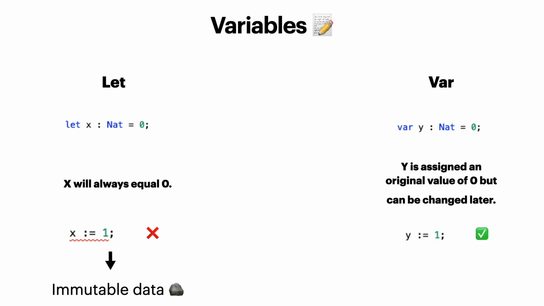So y can be reassigned to 1, for example. You need to be careful because you cannot reassign y to something that is not a nat. For example, if you try to reassign a string to y, it wouldn't work because Motoko is a typed language and you need to respect the type of the variable. And this is what we call mutable data.